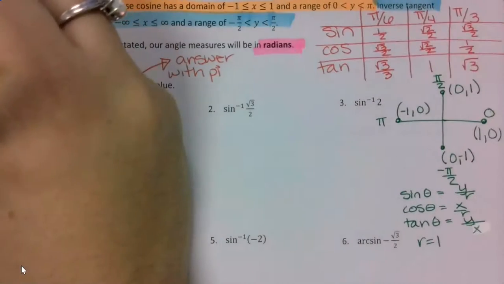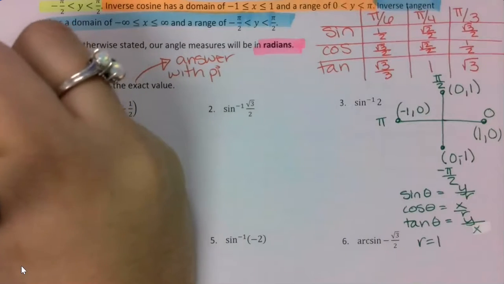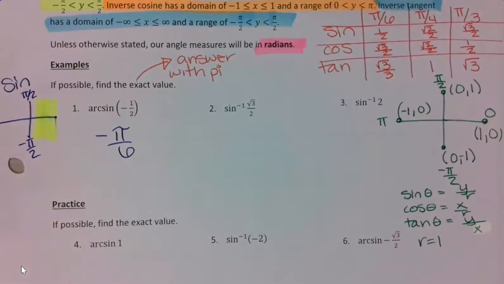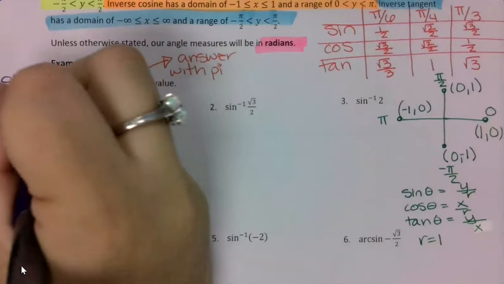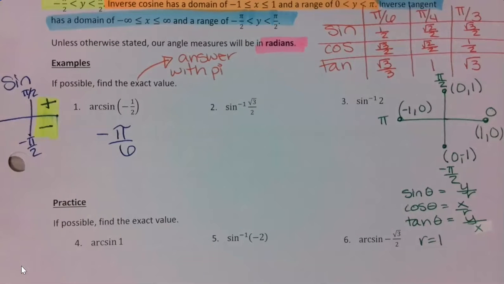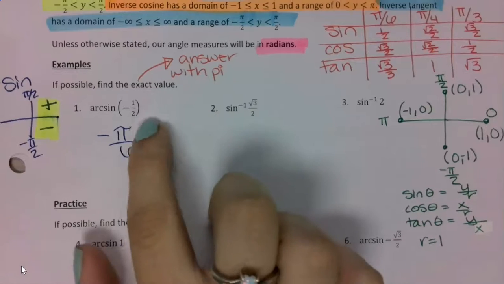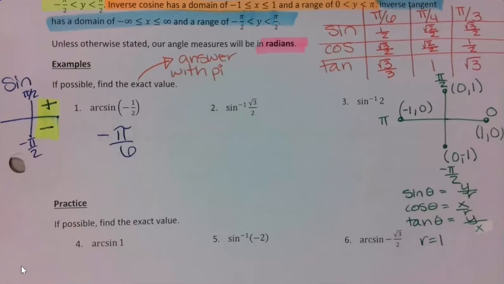So between these two spots, my angle either has to be positive in the first quadrant and sine is negative in the fourth quadrant. So when I write my angles for these answers, for arc sine and inverse sine, they will either be positive or negative the angle, and they match the sign of the ratio for sine.